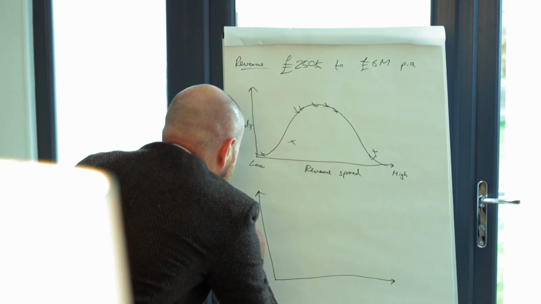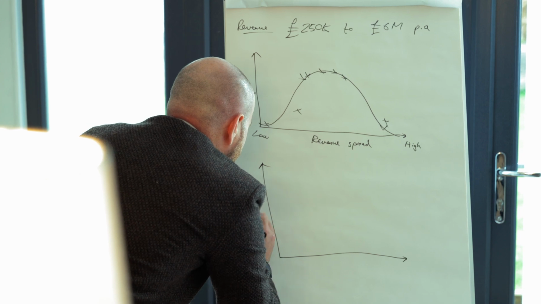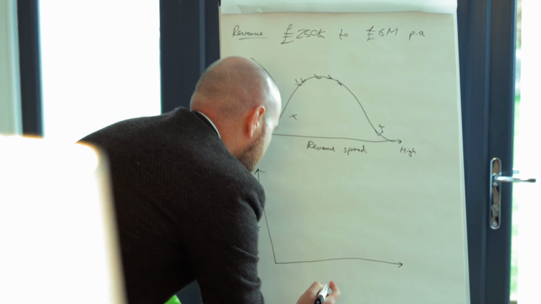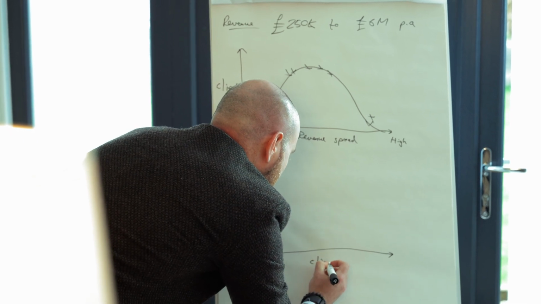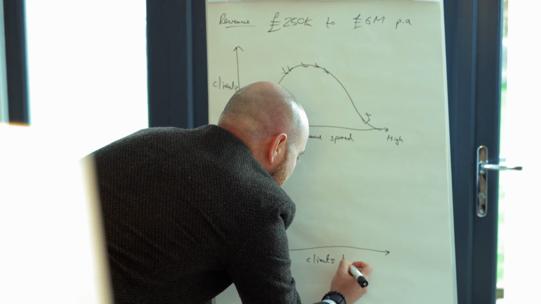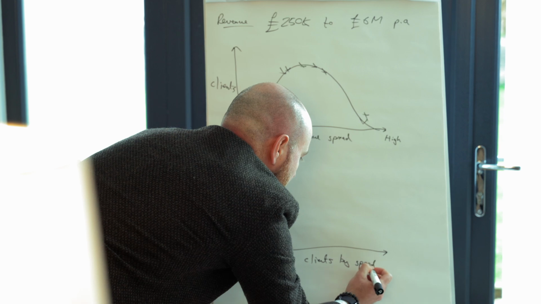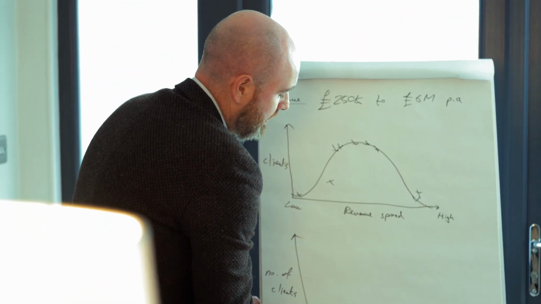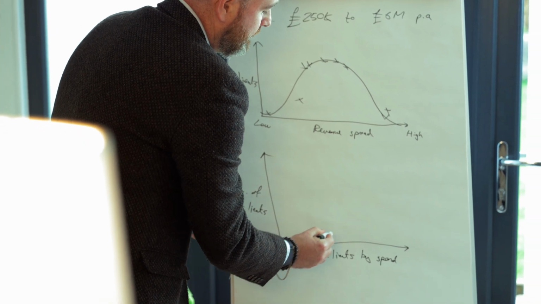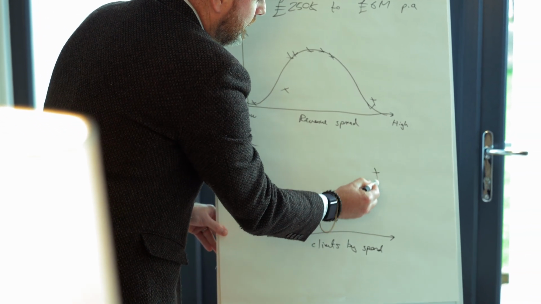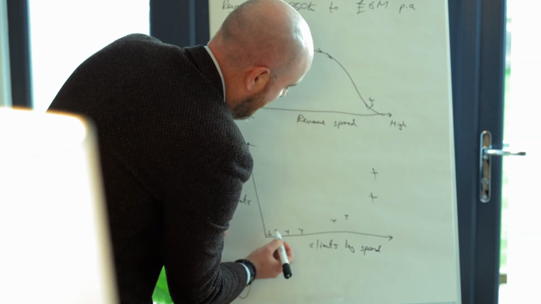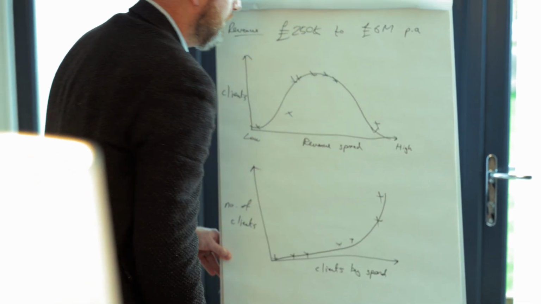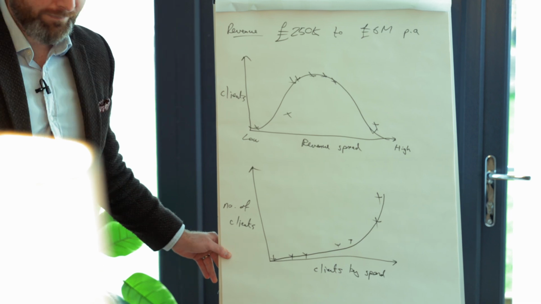This time we've got number of clients here on the x-axis. We've got down here clients by spend, yeah, so slightly different. So if we start to plot out what that looks like, and again draw a trend line through it, you've got this going on.